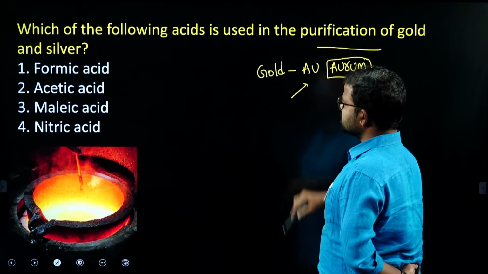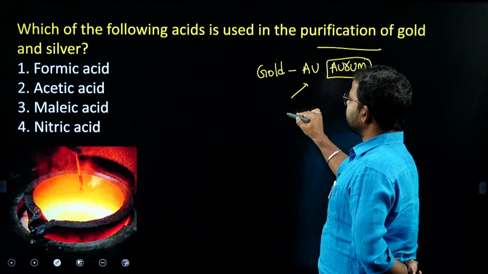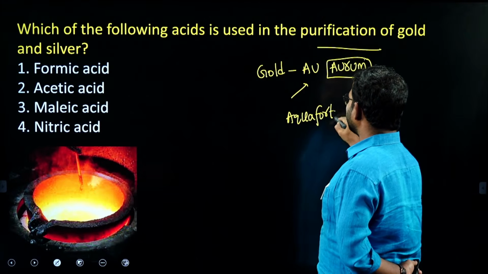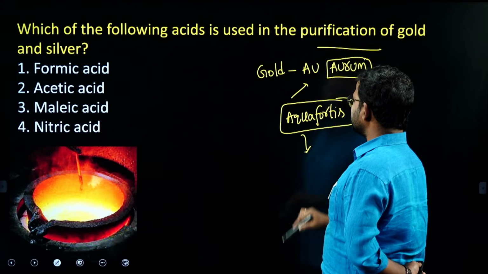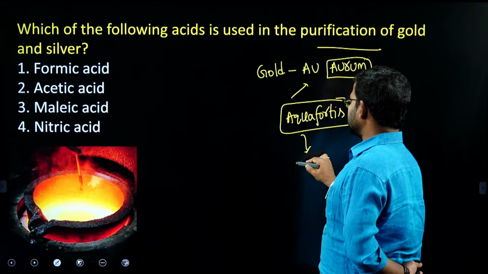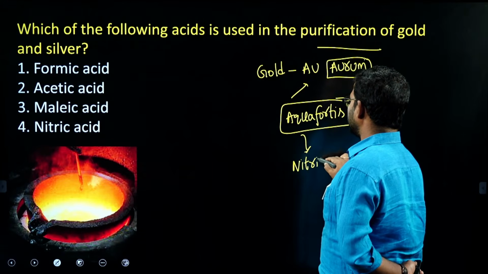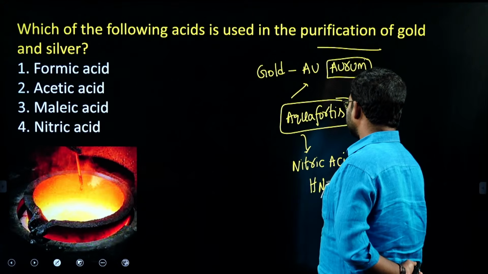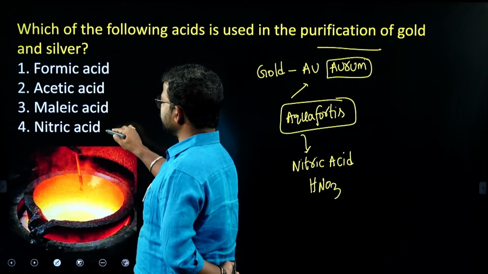To purify these types of derivatives, guys, we majorly use aqua fortis. Aqua fortis means nothing but nitric acid, HNO3. So here the correct option is option 4 only.